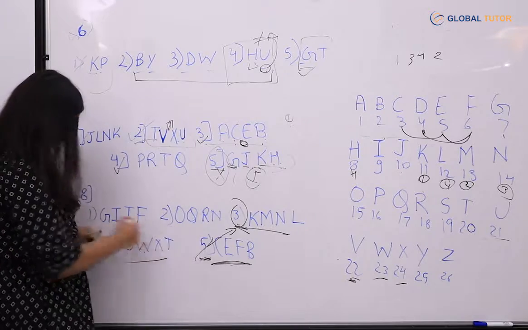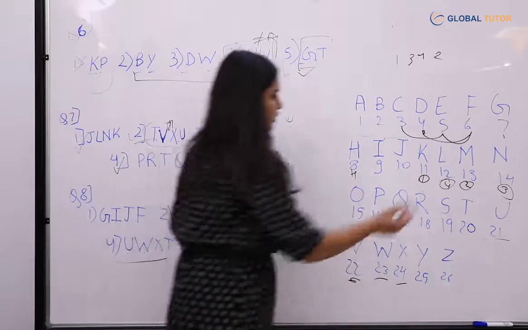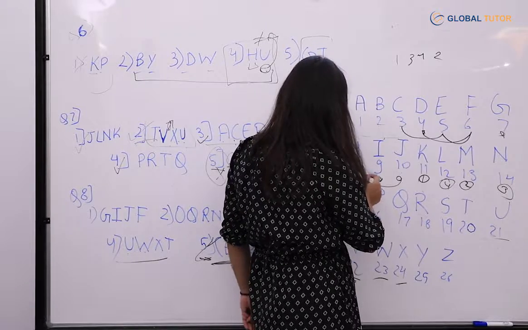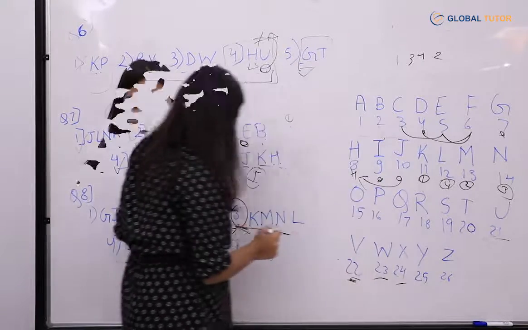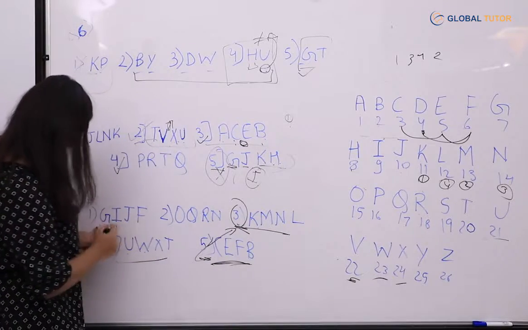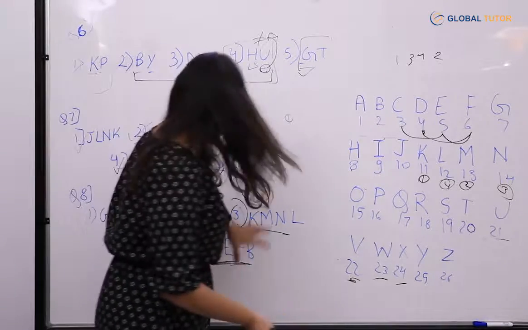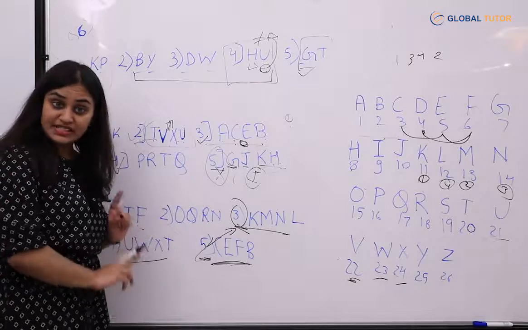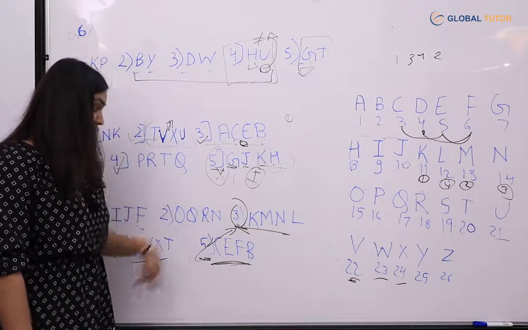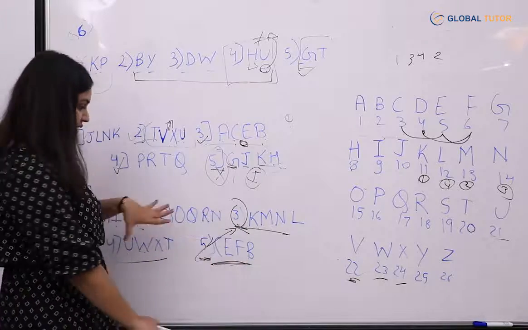So let's check for the other 2. G, I, J, F. Let's continue and solve for G, I, J, F also, because we have identified a pattern, but we haven't established that this is the right way to do it, or a pattern that all the groups would follow.